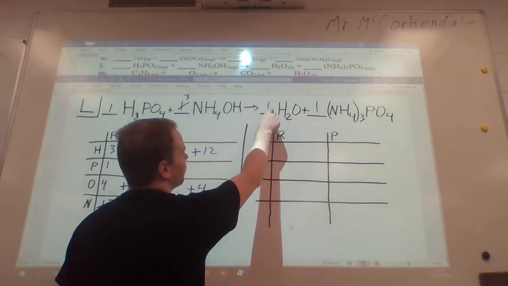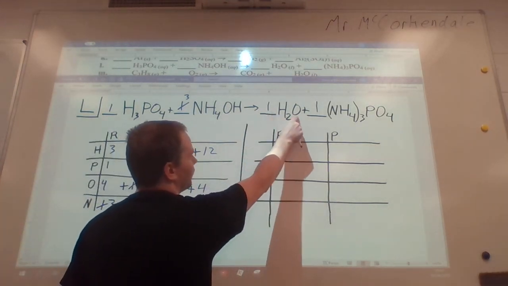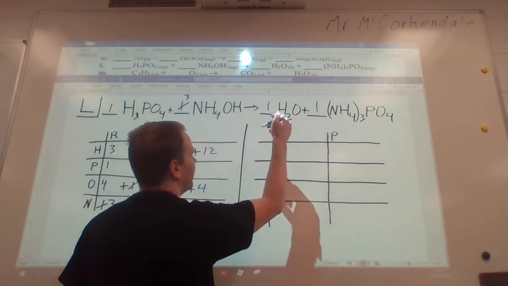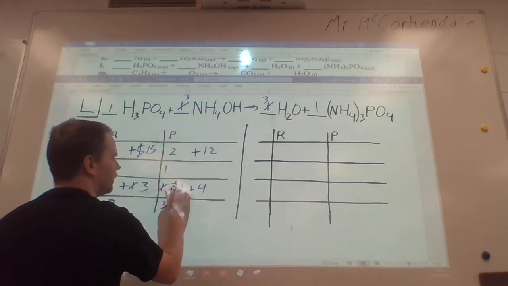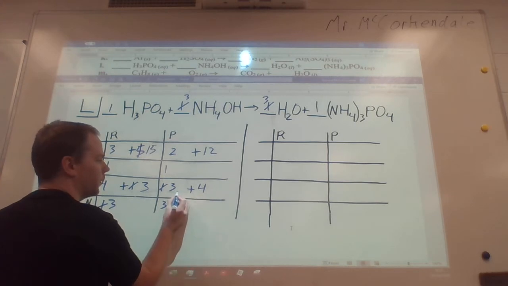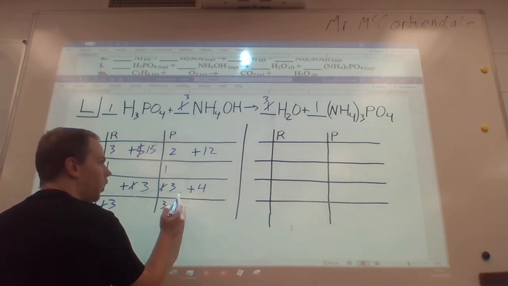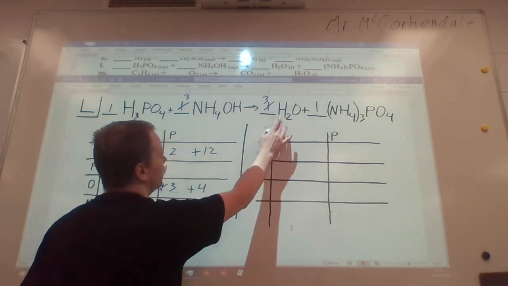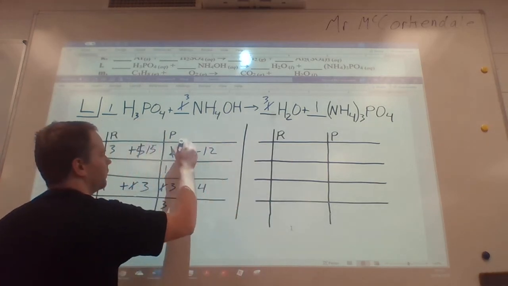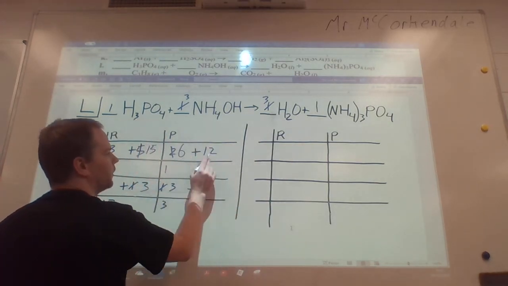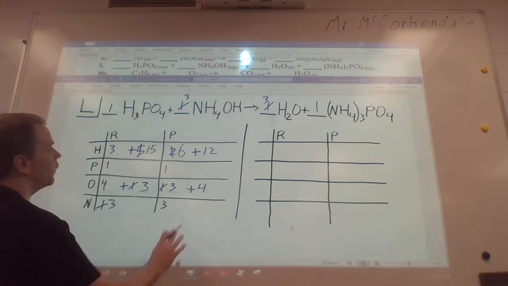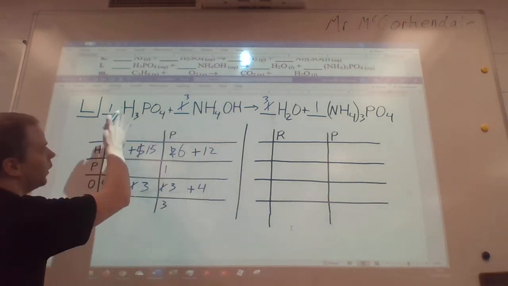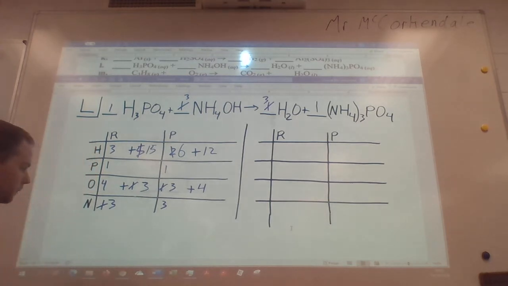So if we put a 3 right here, because this is a 1, that's going to balance our oxygen out by giving us 7. 3 plus 4, 7. That's also going to change this 2 to a 6. 6 plus 12 is 18, which is the same that we have over here. So this is balanced, 1, 3, 3, 1.